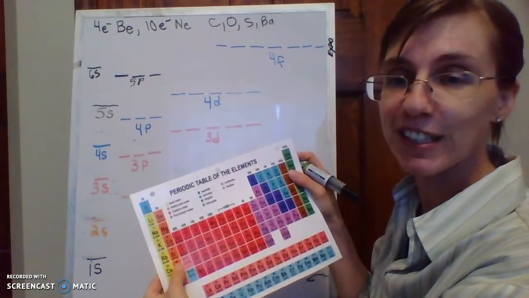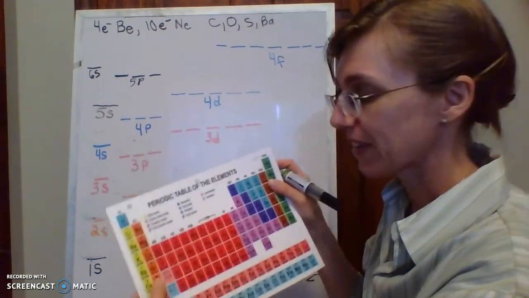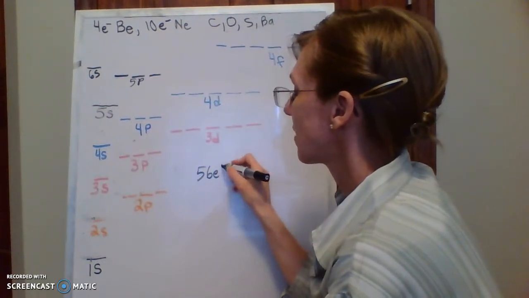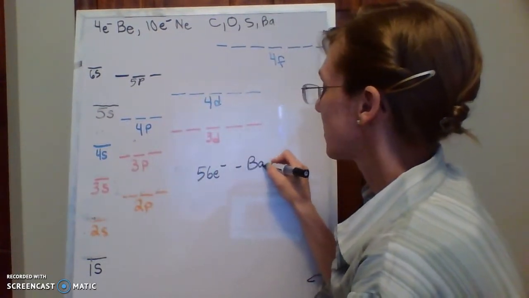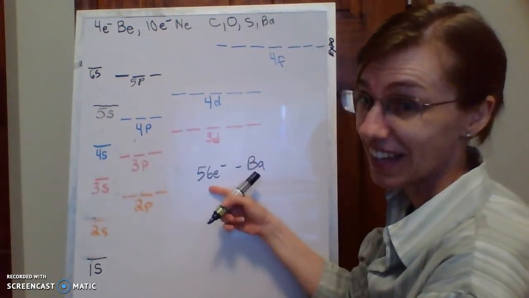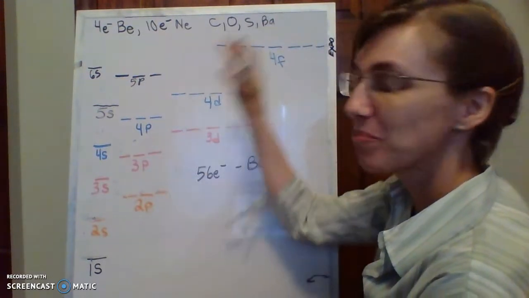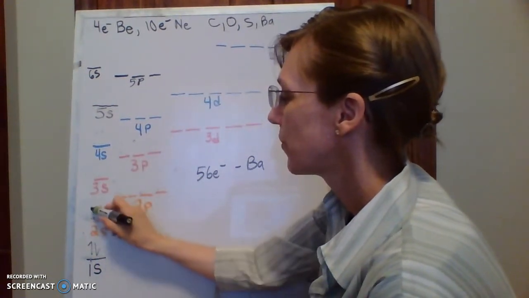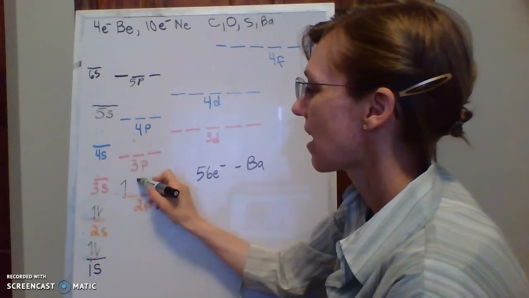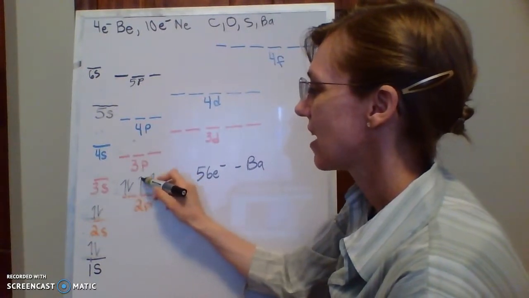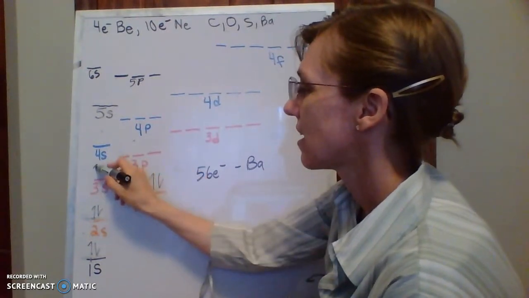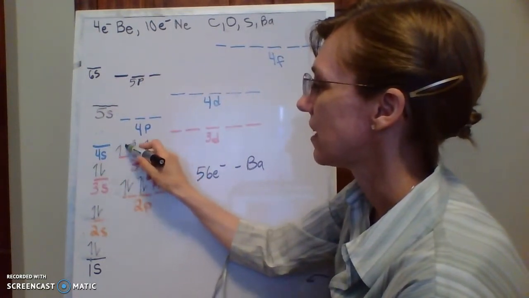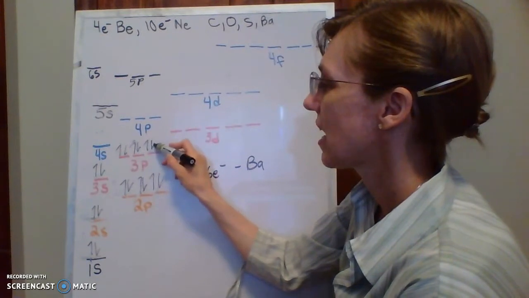Barium has 56 protons. 56 protons means that in a neutral atom it has 56 electrons. So we're doing barium at this point. 56, that's a lot. So we're going to start at the bottom, move up, just like we said on all the others. 1, 2, 3, 4, 5, 6, 7, 8, 9, 10, 11, 12, 13, 14, 15, 16, 17, 18.